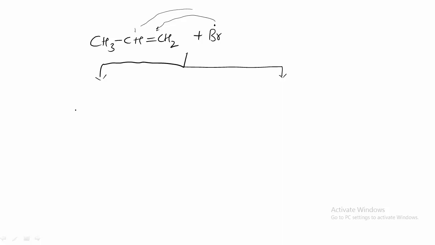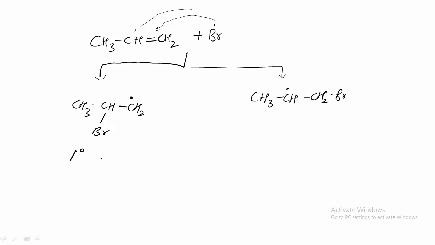That means we will get 2 free radicals. One is CH3 CH CH2 dot Br. This is the one free radical. Another one is CH3 CH dot CH2 Br. And this is another product.